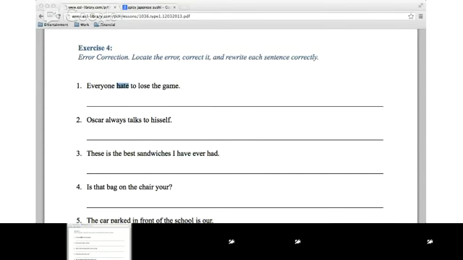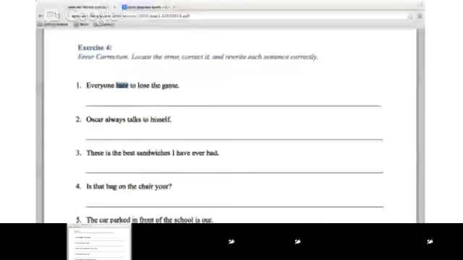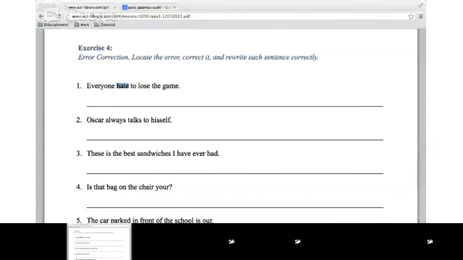What's your question? So we deal with everyone as a single, so we put S in the verb. Yes. Everyone is going to be singular. Good. Alrighty.